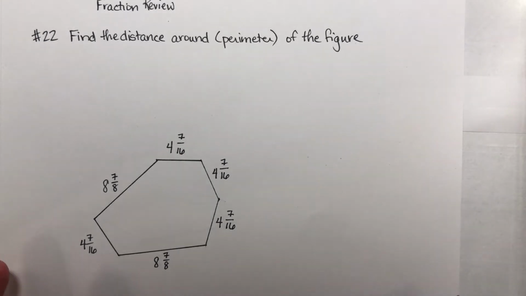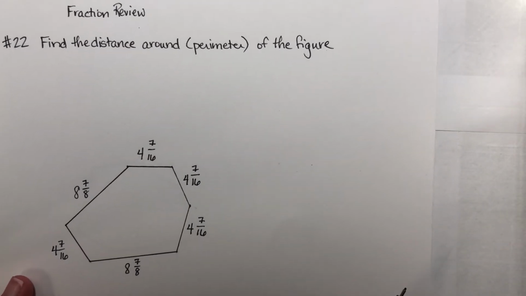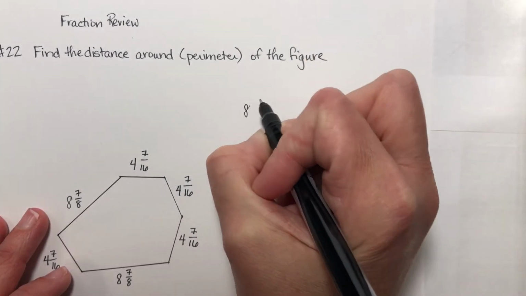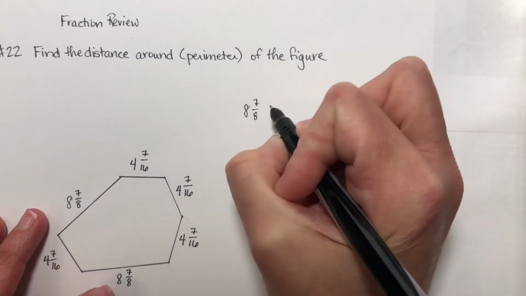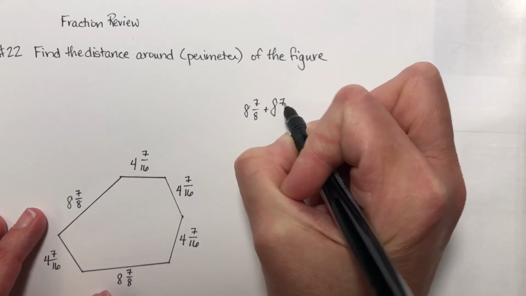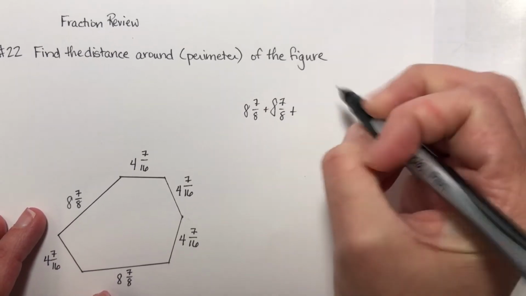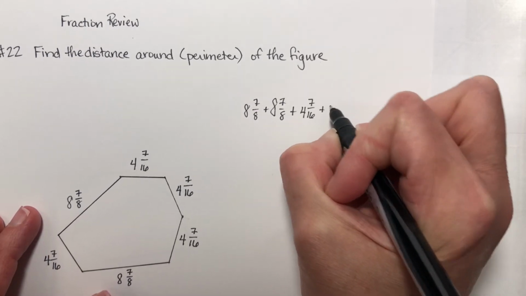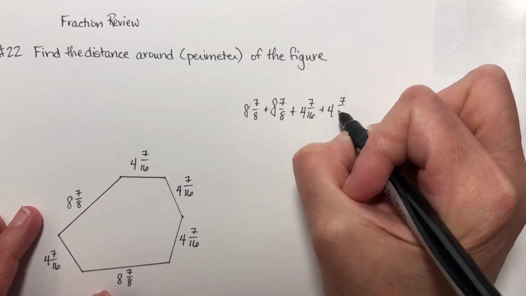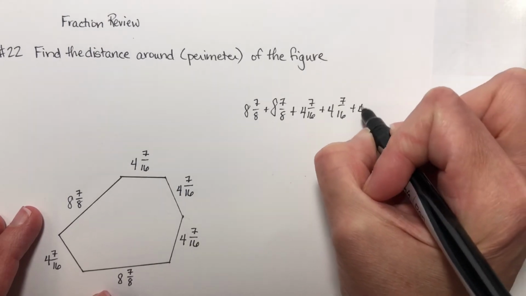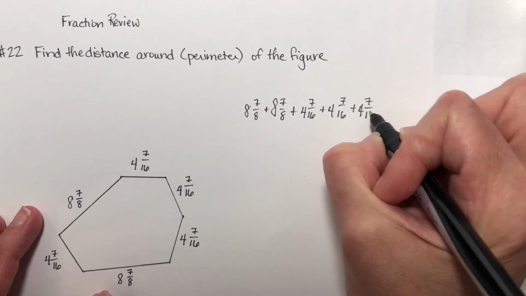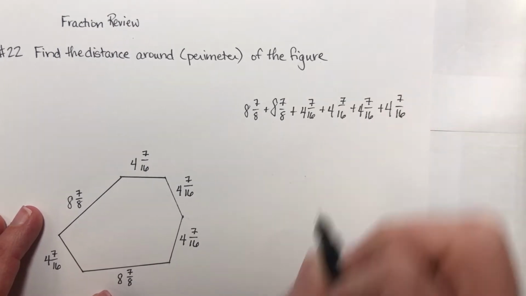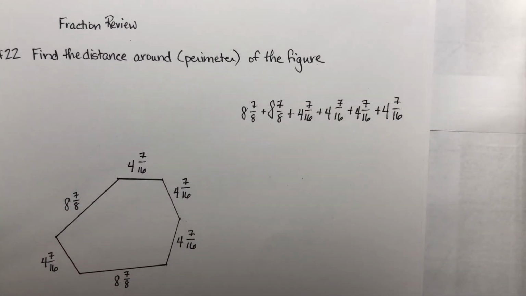So basically, let me write down what I just said. I'm technically doing 8 7/8 plus 8 7/8 plus 4 7/16 plus 4 7/16, and 2 more times. Okay, technically that's what I'm doing.